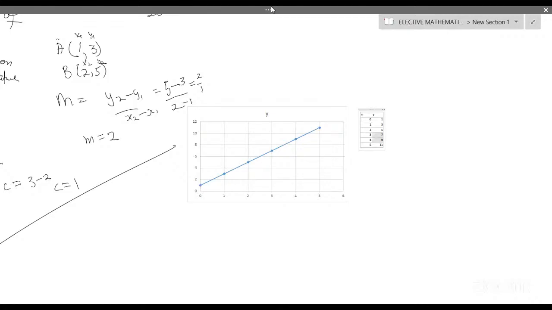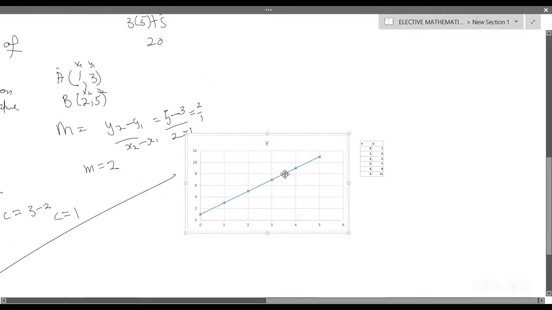When x was 0, y was 1. When x was 1, y was 3. And that is what we plotted over here nicely. So even with this, we can find our gradient. It's so amazing. This is our graph.